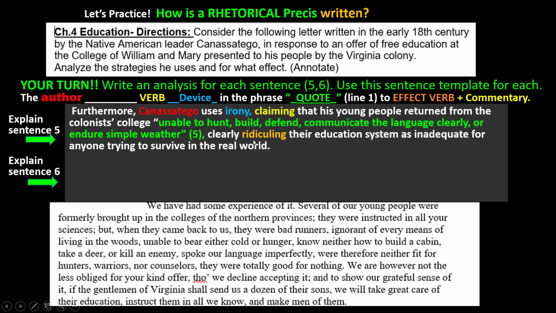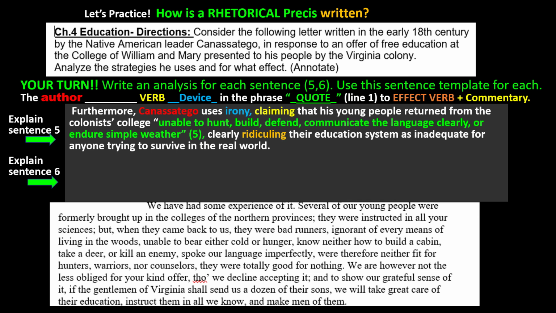Obviously we want to be specific and back up our claim using evidence, and I summarized some of those things, cold or hunger, as simple weather. Notice this commentary after has a lot of specifics, surviving in the real world. He's using irony to ridicule that these Native Americans came back without even a good education to survive in the real world. It's ironic that if they went to an American college, you'd expect them to be educated, but in this case they weren't, which is why it's irony.